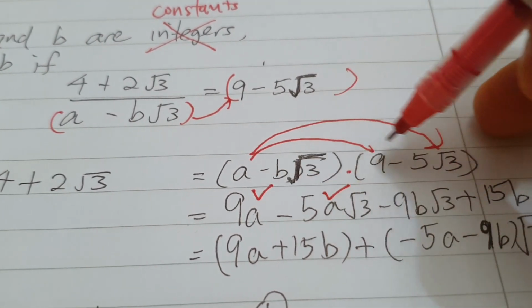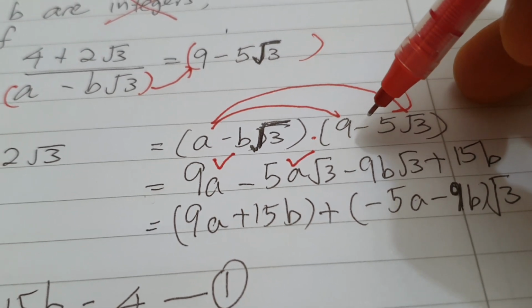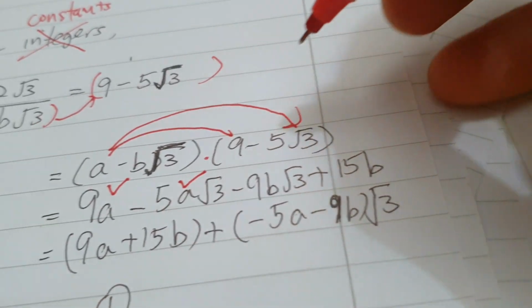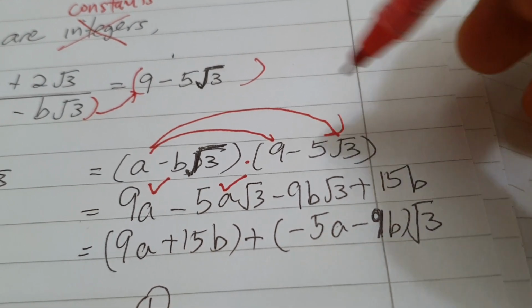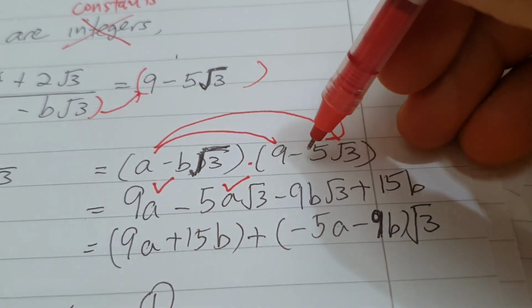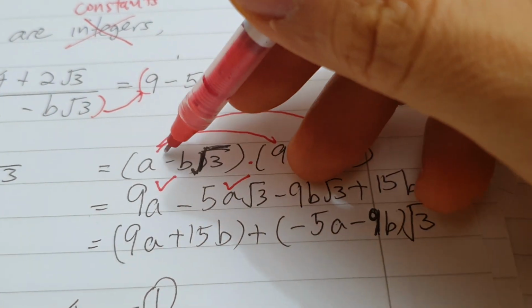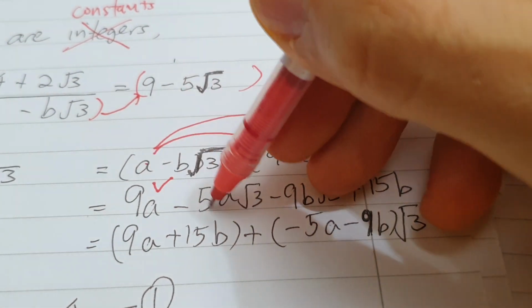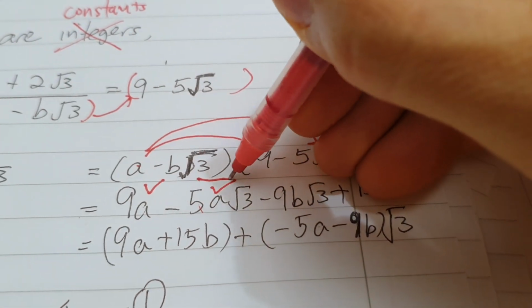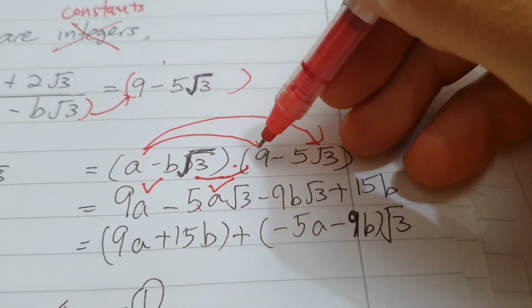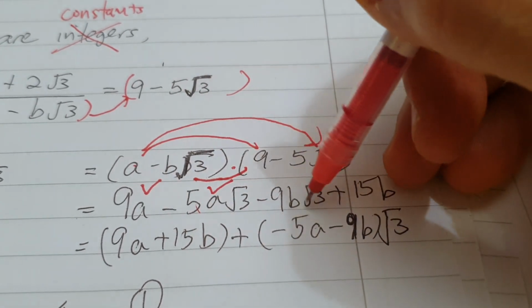Remember, put the number first. Sorry, this is plus times minus, it is minus, then 5a, that's a number, then square root 3. Then minus b times 9 is minus 9b.